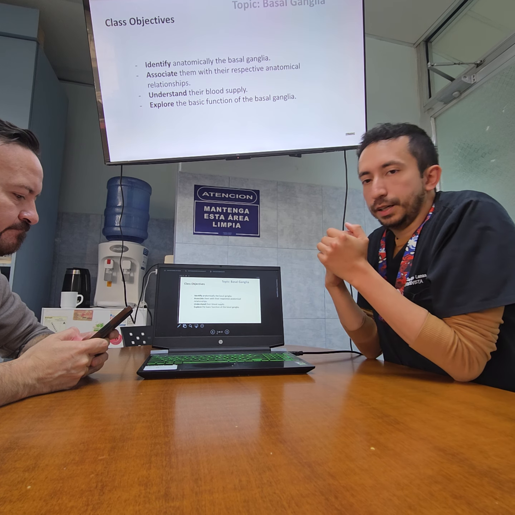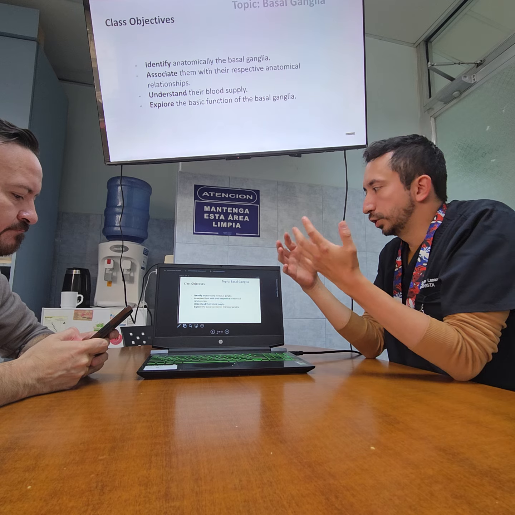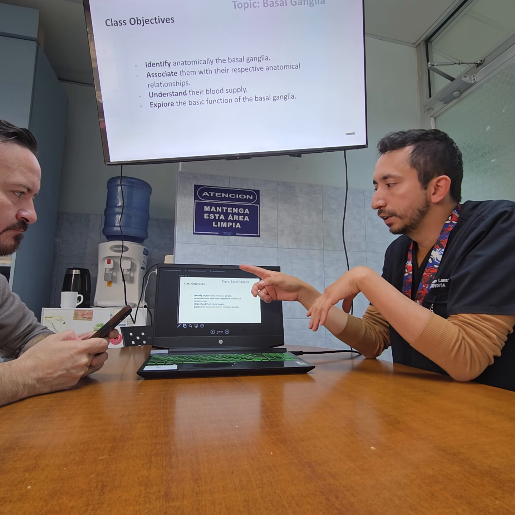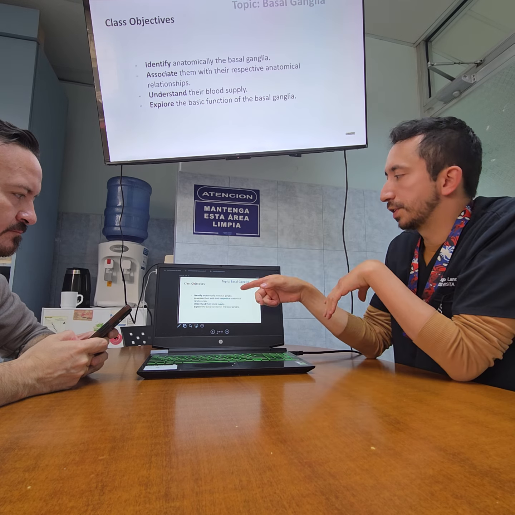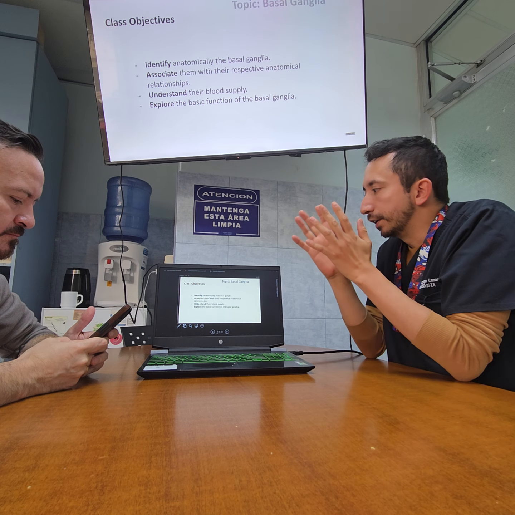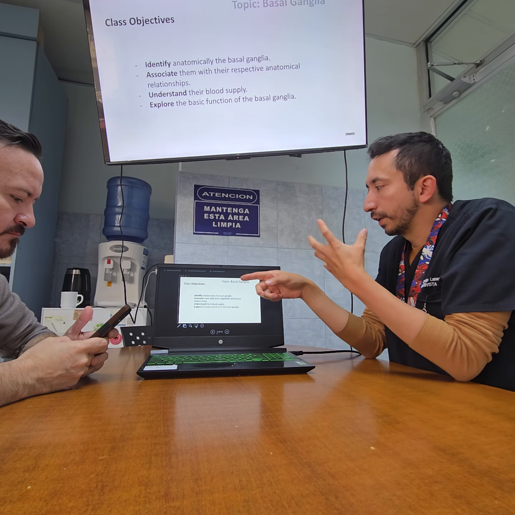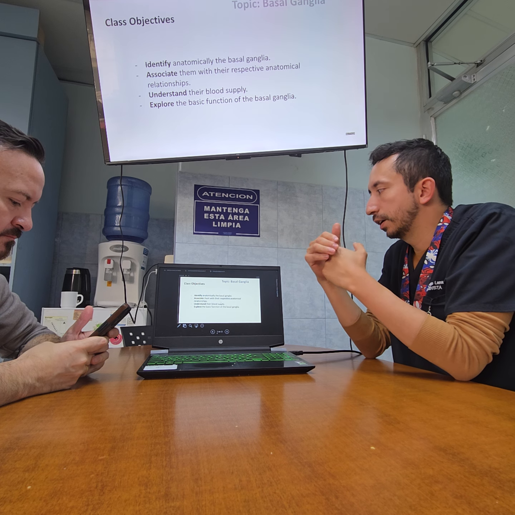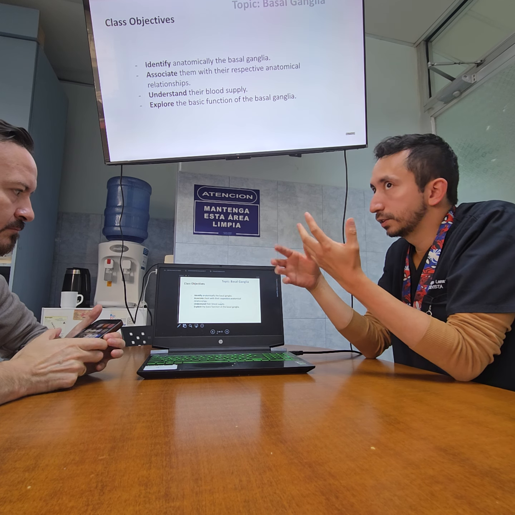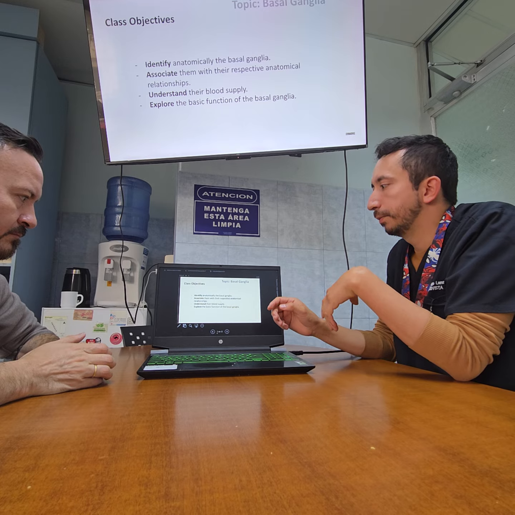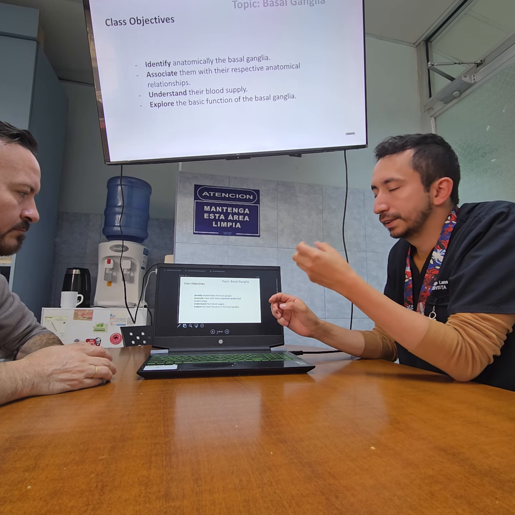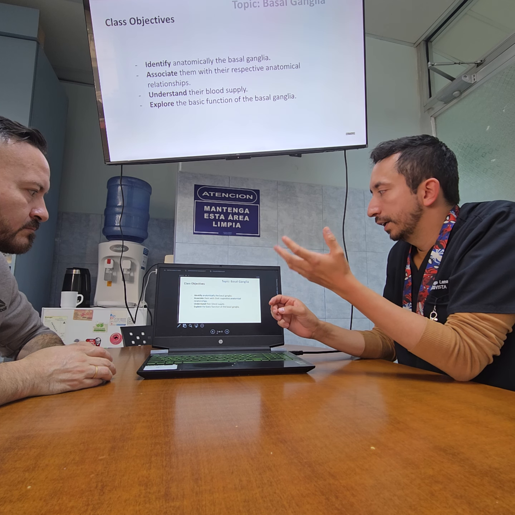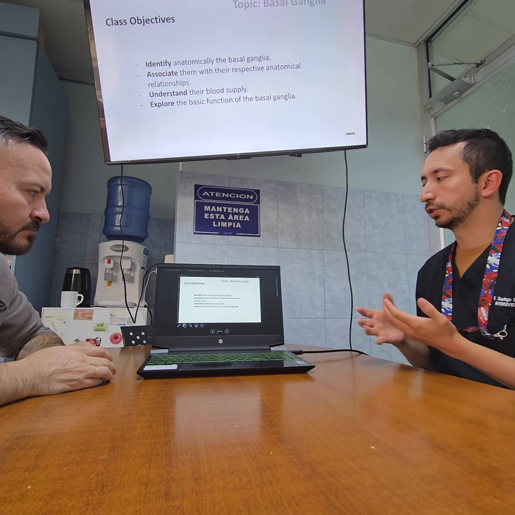Okay. Before we begin, I'd like to briefly share what we aim to achieve in today's class. These are the class objectives. First, we will focus on identifying the basal ganglia from an anatomical perspective. Then we'll relate this structure to their main anatomical relationships, which is essential to really understand where they are and how they interact with surrounding areas.